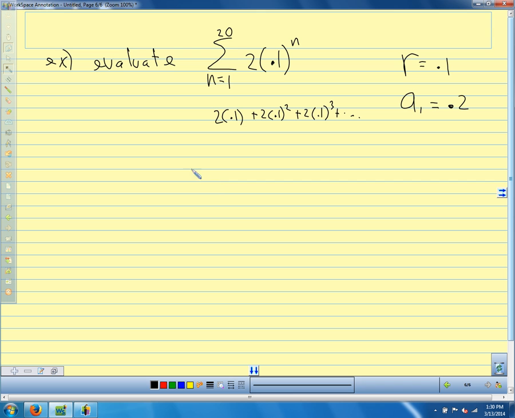So my sum of 20 terms, S sub 20, that 20th partial sum, is going to be A1, which is 0.2, times 1 minus 0.1 to the 20th power over 1 minus 0.1.